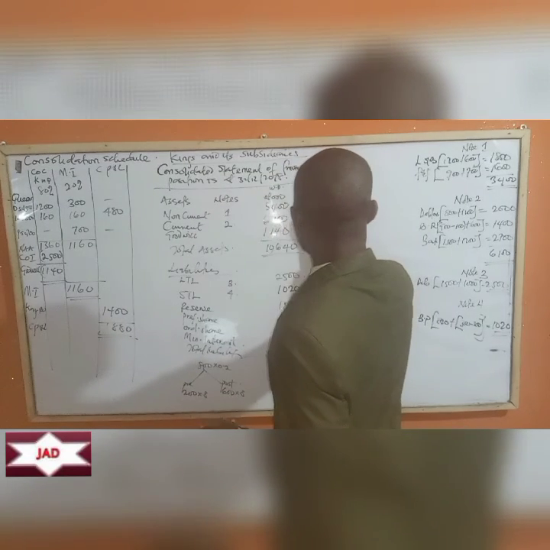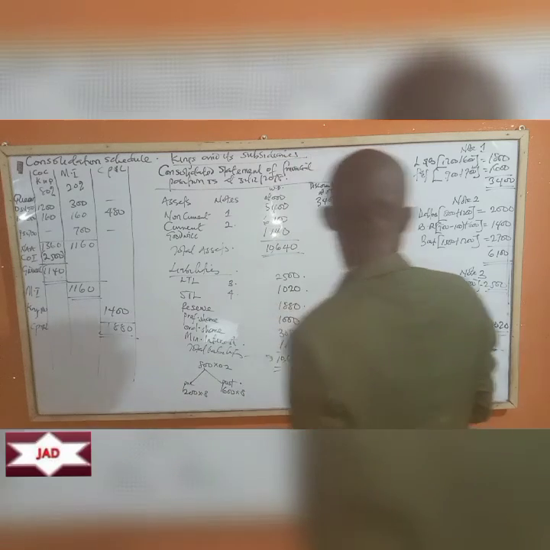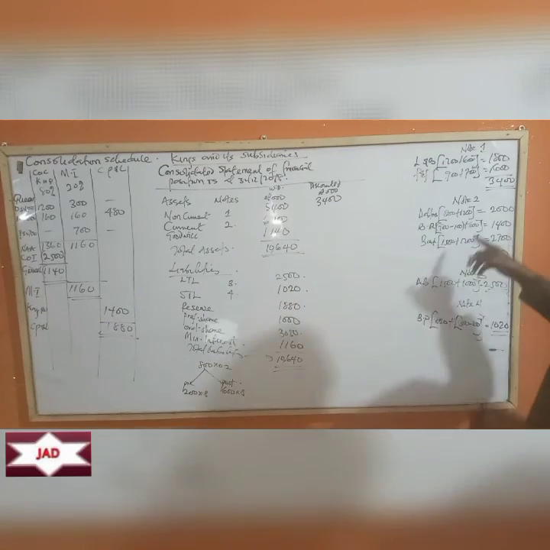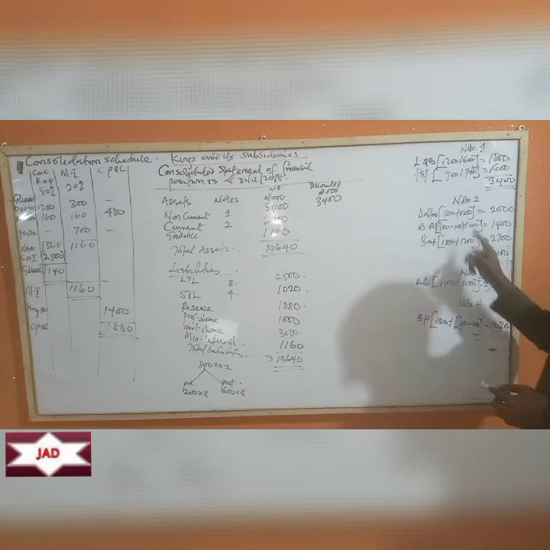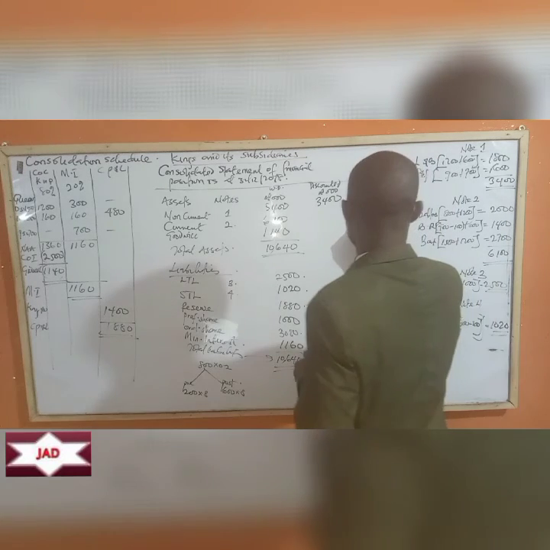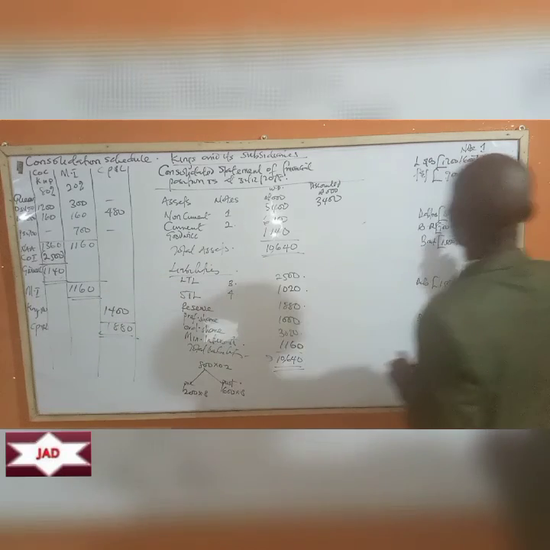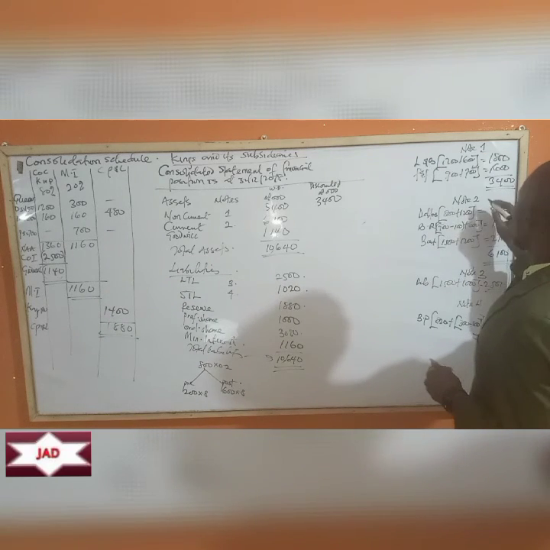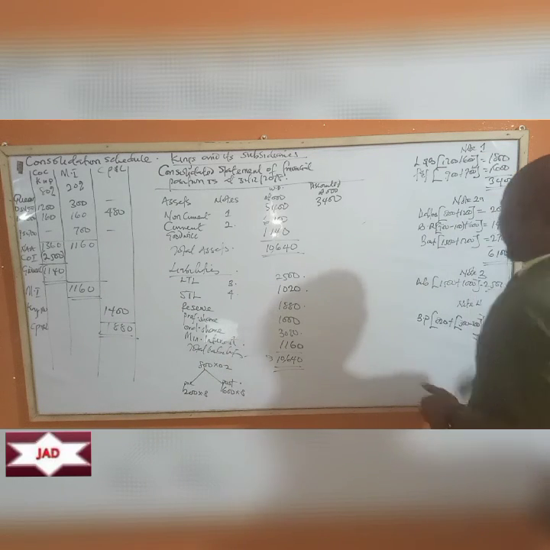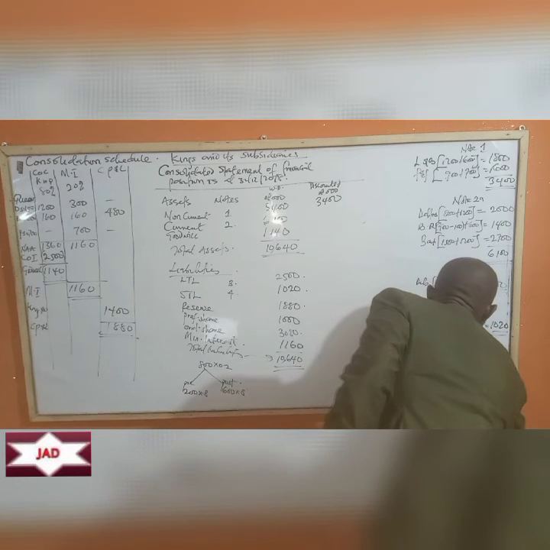It means this will be the same thing, but this one here will change because you see this place, bills receivable. Let's call this note 2A. Let's call this note 2 discounted.